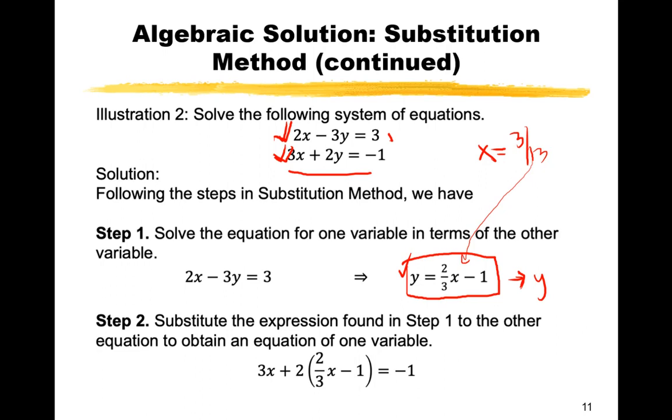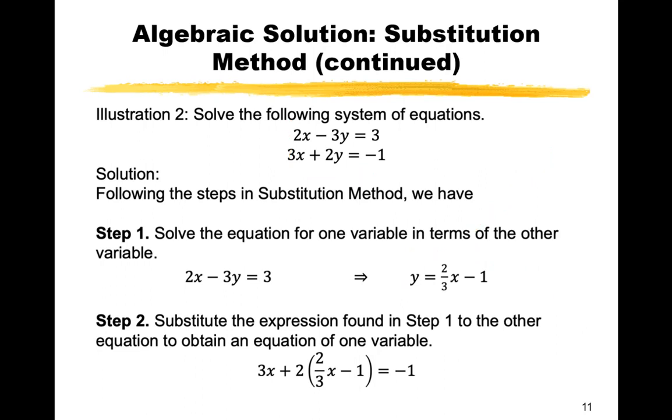Ganun lang kine-carry out yung ating substitution method. So you just have to express muna any of these two in terms of the variable x or y, kung alin man ang mas convenient sa inyo. Then, after you obtain an expression or an equation relating variable y with variable x or vice versa, isa-substitute nyo na yun ngayon dun sa another equation na kapartner nung kung alin man yung transform ninyo.